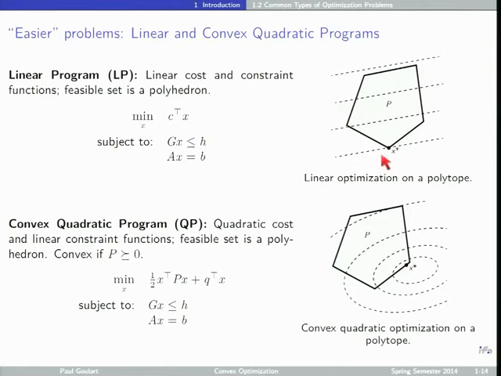When I say Gx is less than h, think of G as a matrix and h as a vector. Even though I've written only one inequality here, it's actually a collection of inequalities, because every row of Gx has to be less than the corresponding element of h.